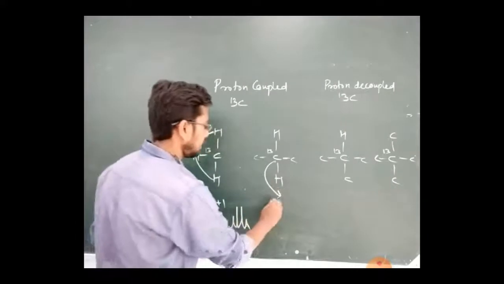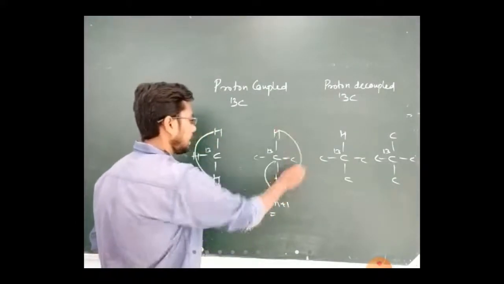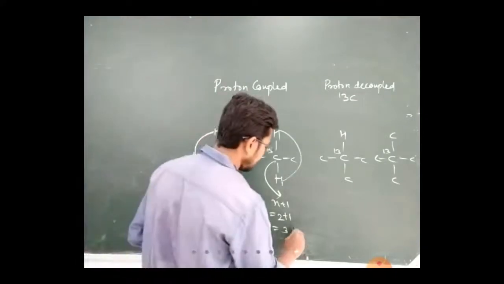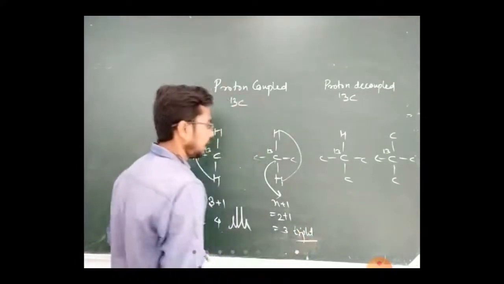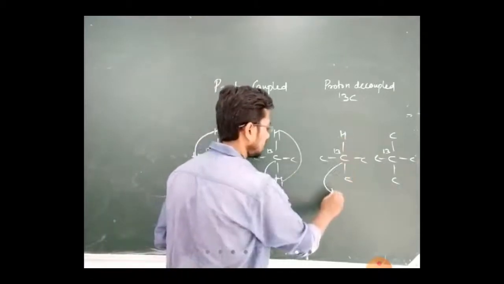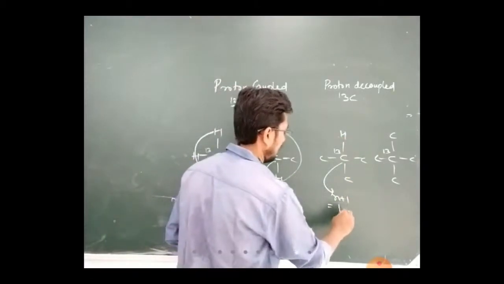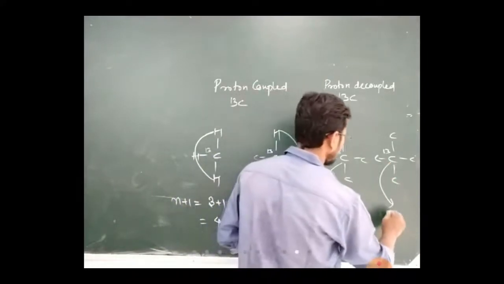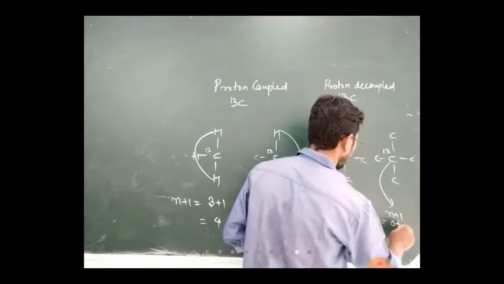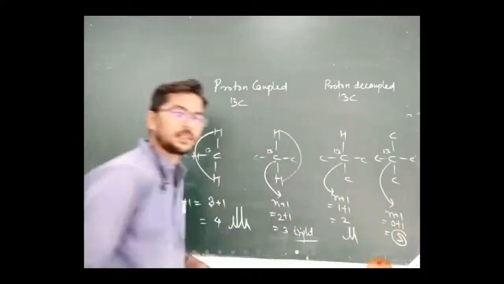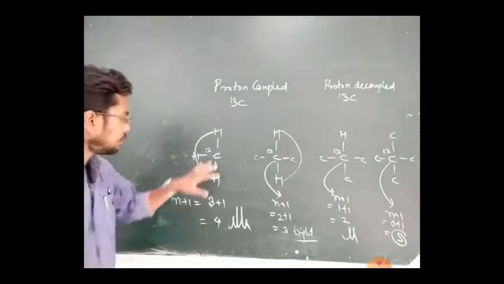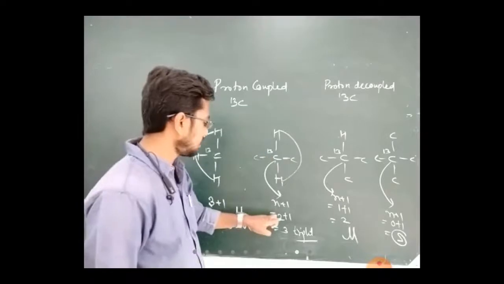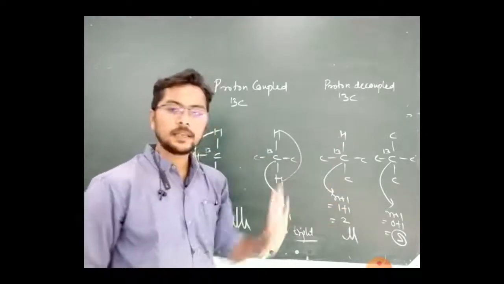For this one, n+1 is 2 hydrogens, 2 plus 1, so 3, and it appears as a triplet. For this one, n+1 is 1 plus 1 equals 2, so it is a doublet, and for this it should come as a singlet. So this carbon, 3 hydrogens, 3 plus 1 is 4; this carbon, 2 hydrogens, 2 plus 1 is 3; triplet, doublet, and singlet.